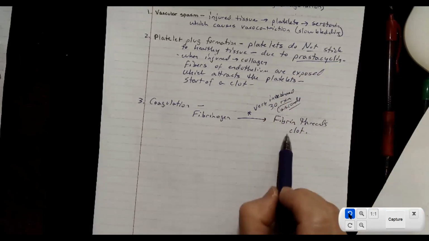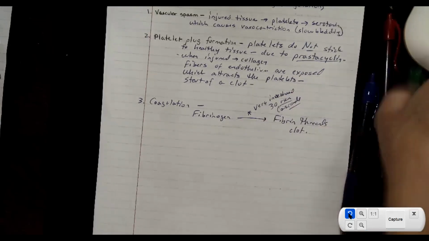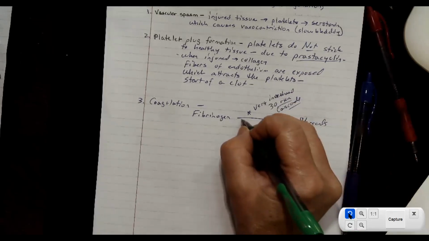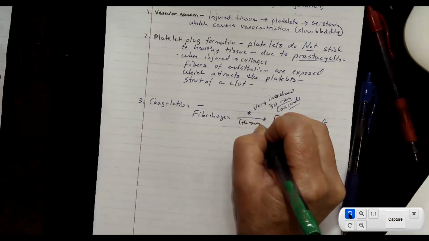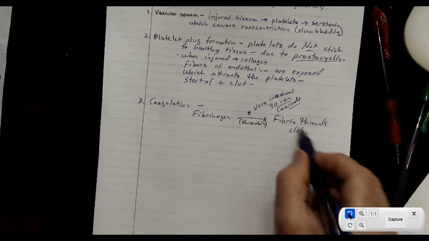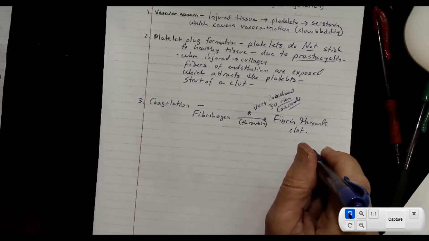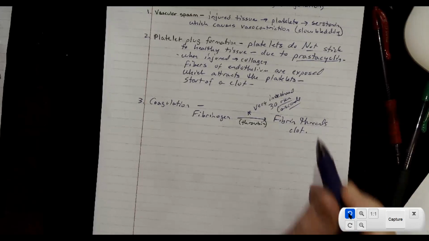If you know that fibrinogen is converted into fibrin, and thrombin is responsible, as well as other things, that's an enzyme, then that's how you get the fibrin to thread. So I'm really going skimpy on this area. You can read over it, but like I say, I'm not going to hold you to this part.